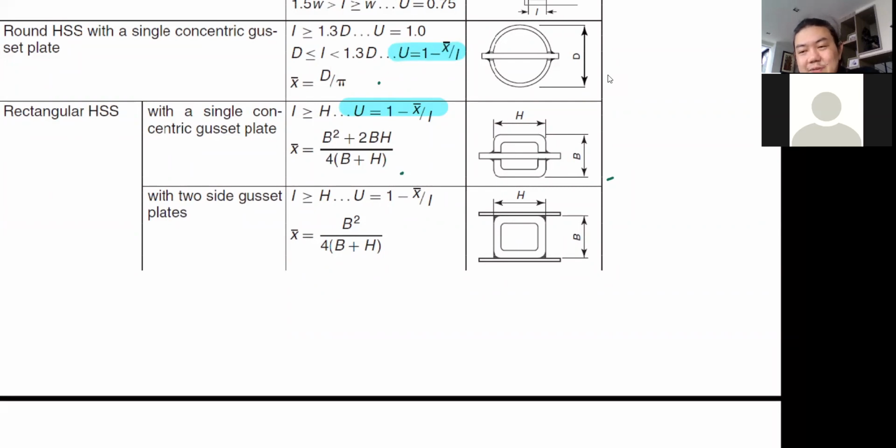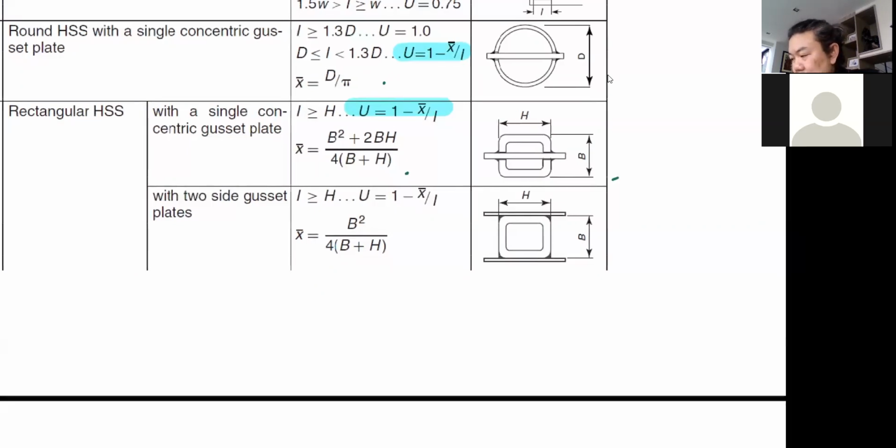I have to say that in the old days we did this a lot, because it's the best way we could have done. You just put the gusset plate through the middle like this, or on both sides like this.